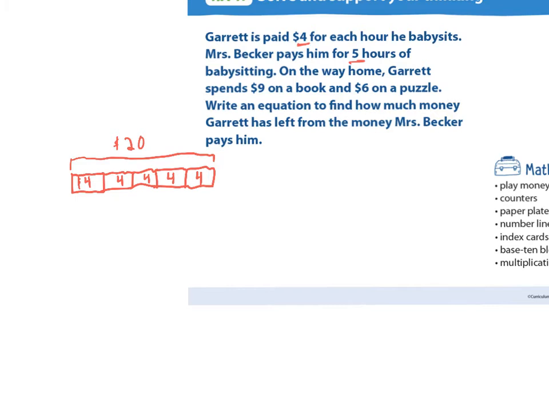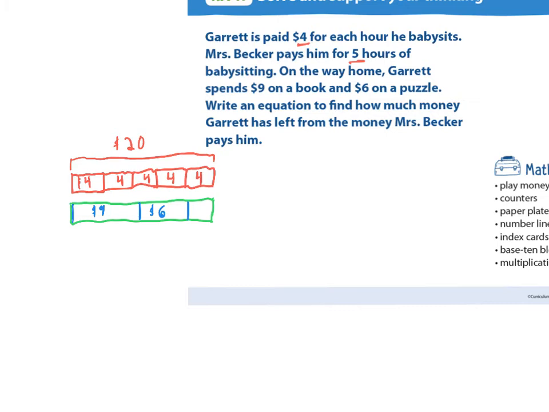Now, the next part we have to figure out is how much we're going to take away from that, right? So we're going to cross some of this off. So I'll put another bar model down here for how much he is going to go home with, right? He's going to spend some of this, $9, on a book. Good for him. Hope it's a good book. He's also going to spend $6 on a puzzle.